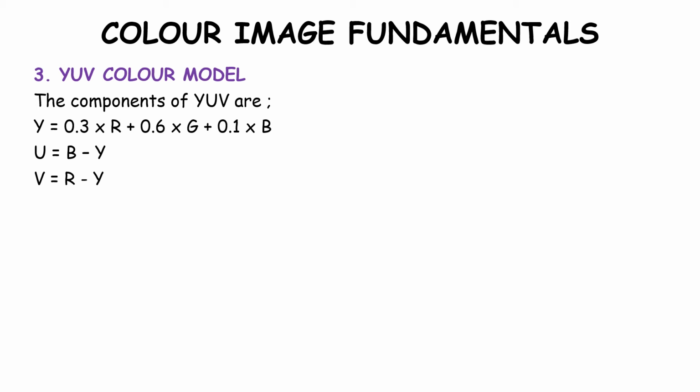So the components of YUV are Y is equal to 0.3 into R plus 0.6 into G plus 0.1 into B, U is equal to B minus Y and V is equal to R minus Y. Here, Y represents the luminance of the image and UV consists of the color information, that is chrominance. The luminance component can be considered as a grayscale version of the RGB image.